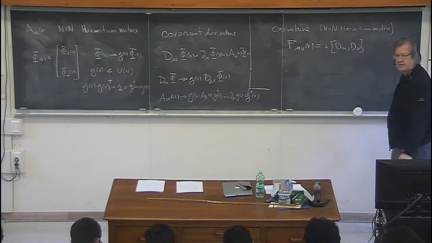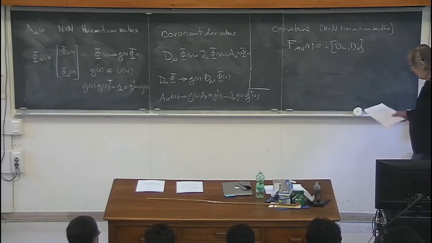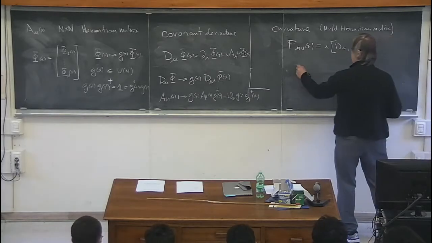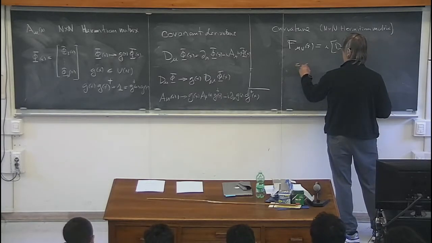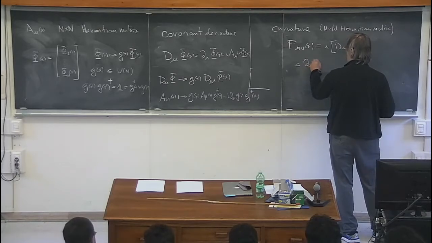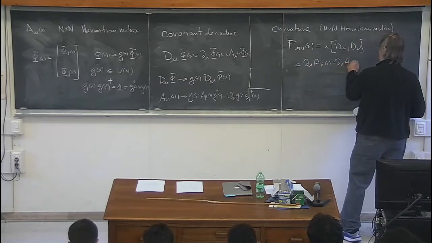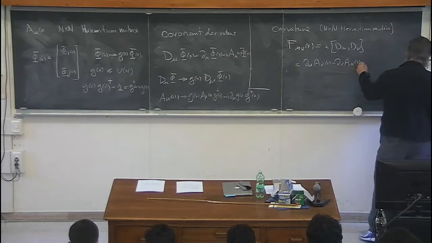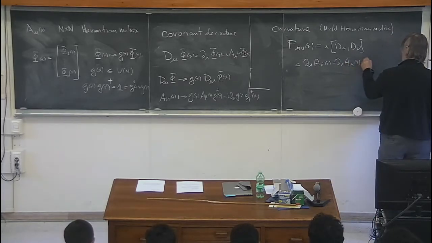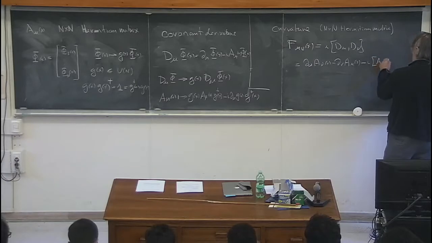And as usual, you can think of it as a commutator of covariant derivatives. And then a little more explicitly, it looks like this.